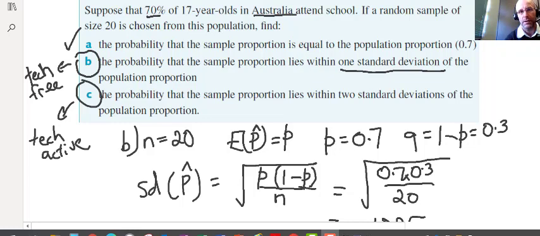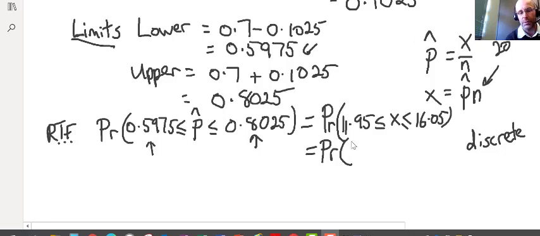It's a binomial distribution, so we have to go to discrete values. Now the question is, do we round up or round down? 11 or 12? It's going to be 12, because we will go past that limit if we pick 11. So 12 is where we're at. And then X is less than or equal to, is it 16 or 17? Again, if we go to 17, we're going past that limit of 16.05, so it's only 16.